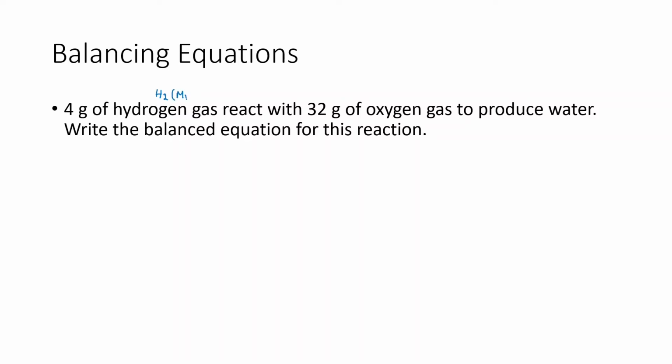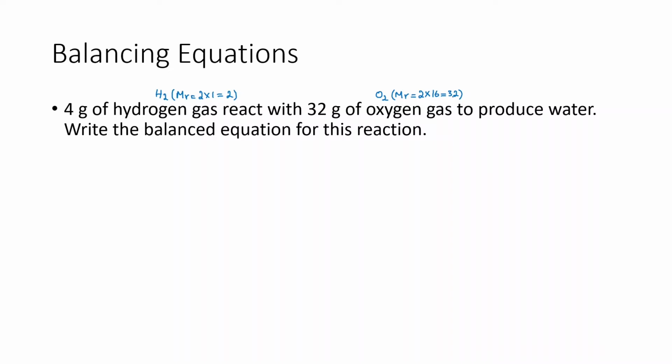So MR is going to be 2 atoms of hydrogen times 1, the atomic mass of hydrogen, that gives me 2. And 32 grams of oxygen, so oxygen exists as O2, so its MR is going to be 2 atoms of oxygen times 16, the AR, which is going to be 32.